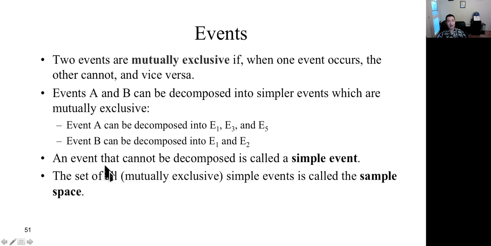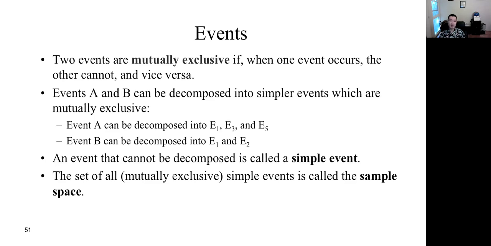An event that cannot be further decomposed is called a simple event. For example, E1, the upper face shows 1, is a simple event because it cannot be decomposed into even simpler events.